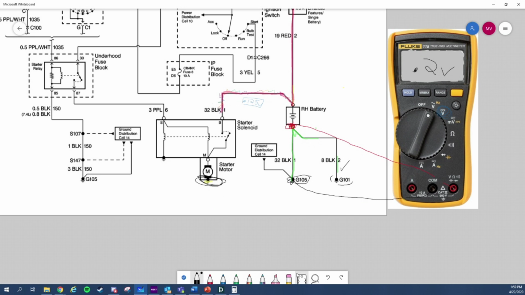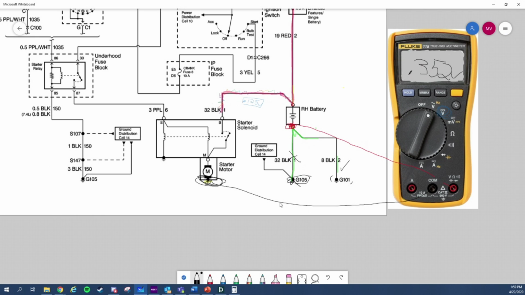Let's say the result is 0.352 volts. Okay, so I would say there's a problem here. And our last one I would check is the actual case where the starter's mounted, right there. Let's say that result is 0.15.